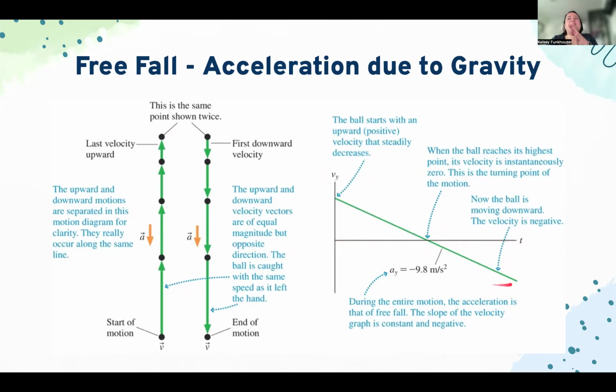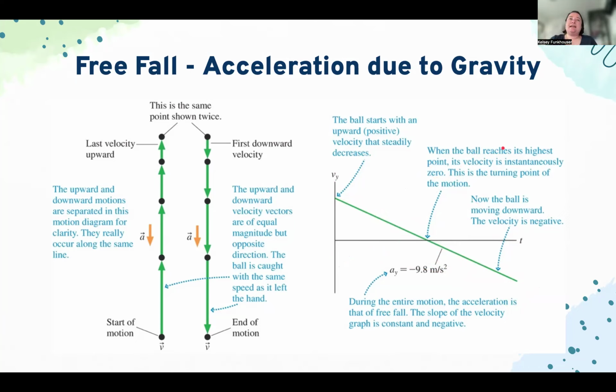And then it will start to increase, but be negative. And so this whole time, we have the slope of this line, which we learned the slope of a velocity graph is the acceleration. So this is a constant negative acceleration. We know it's constant because this is a straight line. And then it's negative because it points down instead of up. Okay. So that's how the graph matches with this kind of scenario that we're looking at.